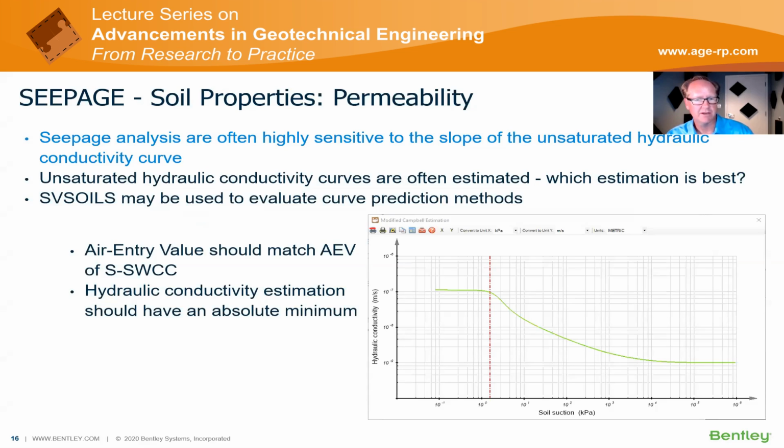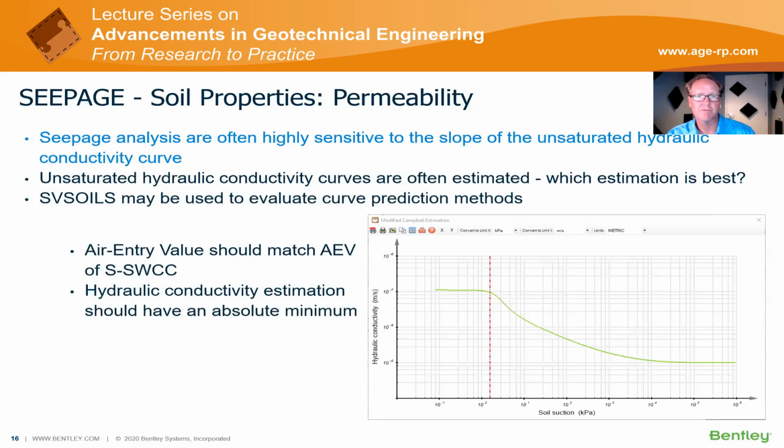However, the air entry value should match the soil water characteristic curve, and your absolute minimum should be defined and not be too small. A typical case that is problematic is where your unsaturated hydraulic conductivity curve goes to 10 to the minus 15 or 20 meters per second, which is physically unrealistic.